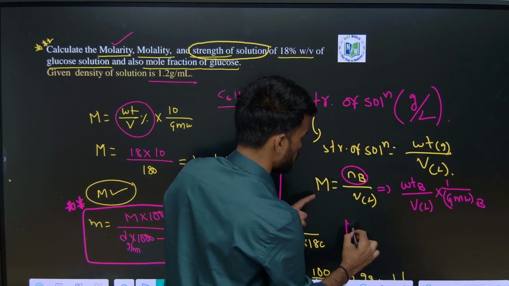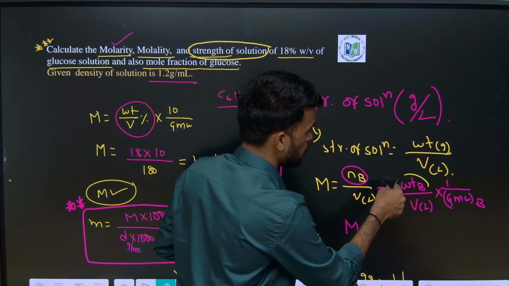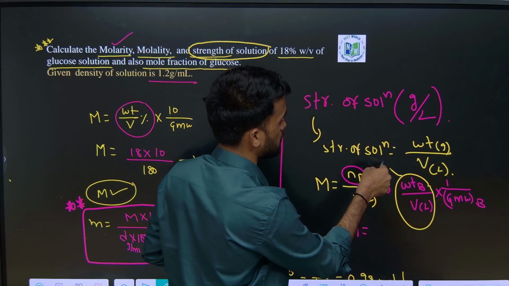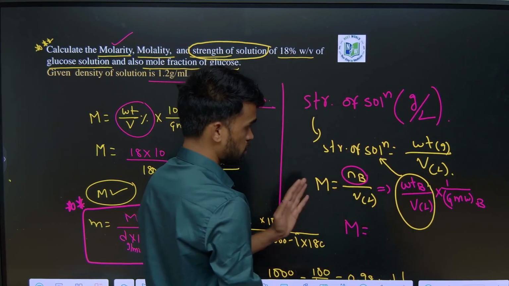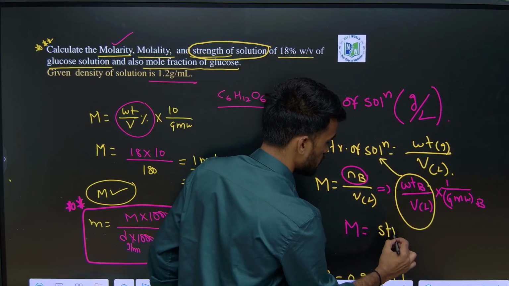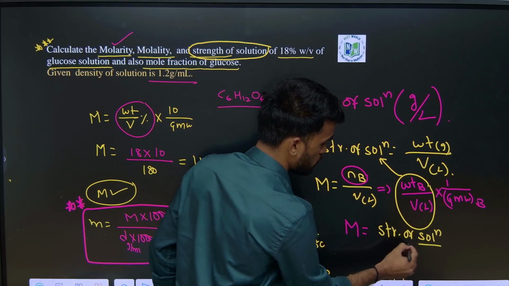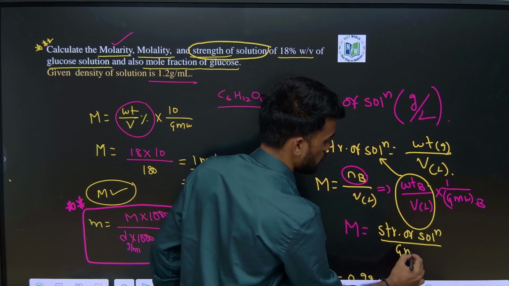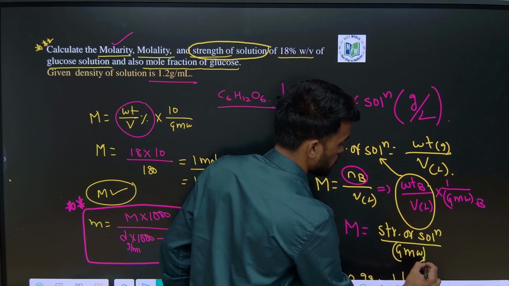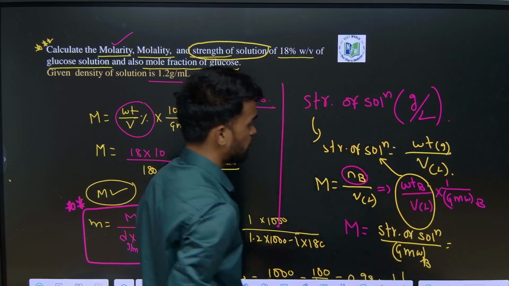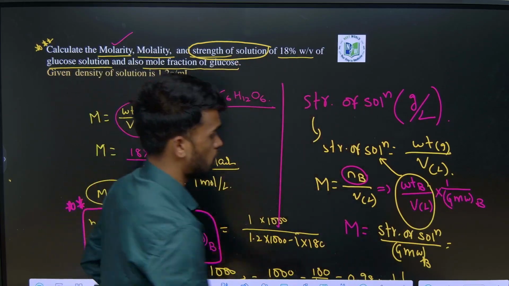So molarity can be written as weight by volume, which is nothing but strength of solution, divided by gram molecular weight of solute. From this we can calculate the answer.